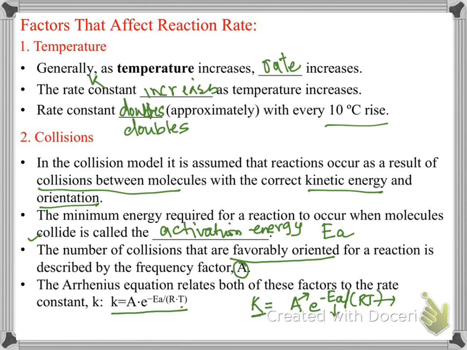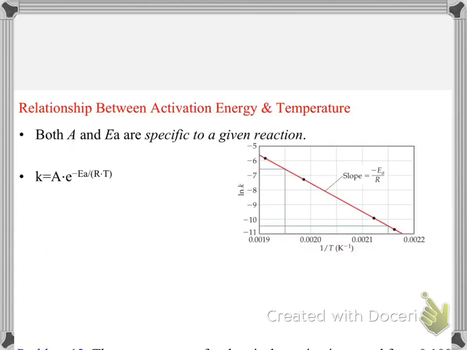The best way that we can utilize this formula is using the graph, because this was the equation K equals A e to the negative EA over RT.